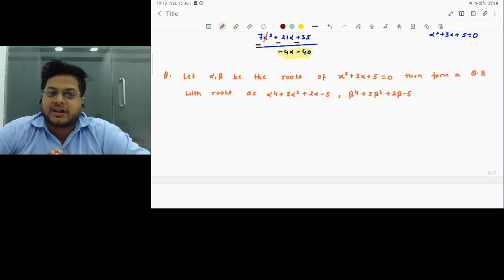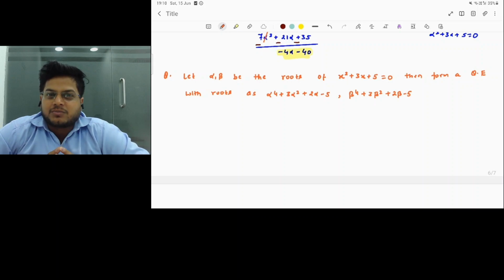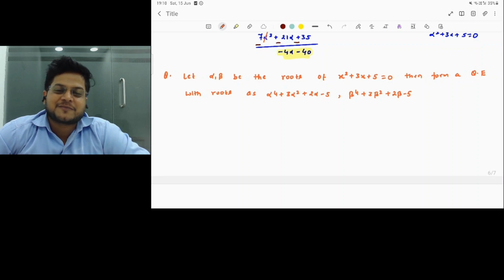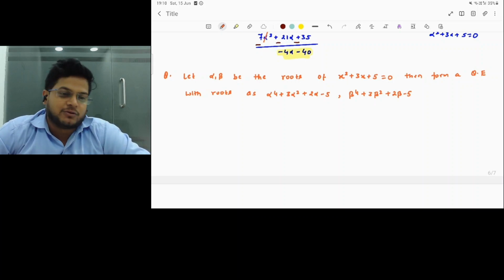So he or she will give a try to calculate alpha to the power 4 plus 3 alpha square plus 2 alpha minus 5 plus beta to the power 4 plus 3 beta square plus 2 beta minus 5. So first you will give a try to calculate the sum of the roots. Then in case still some courage is left, you will go for the product, like let us multiply one by one and then do the evaluation.